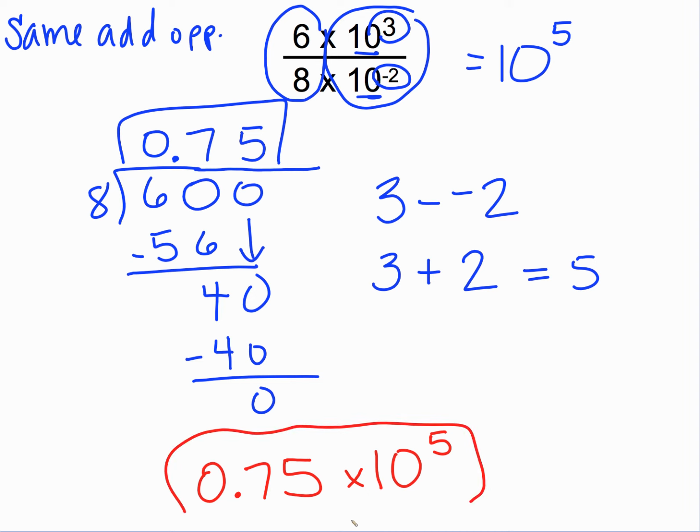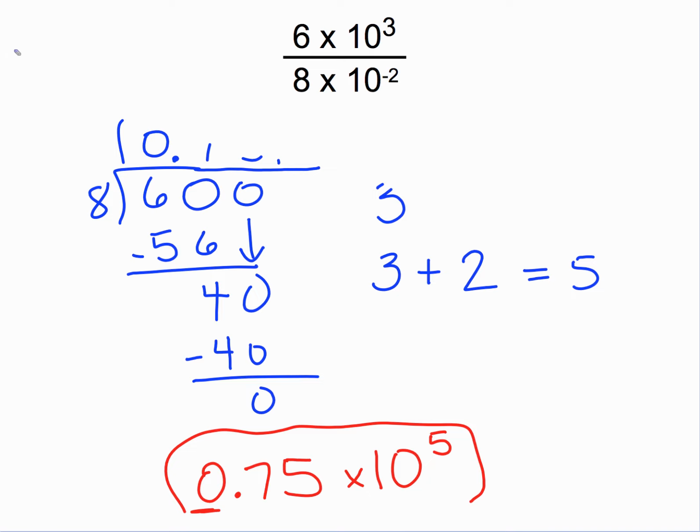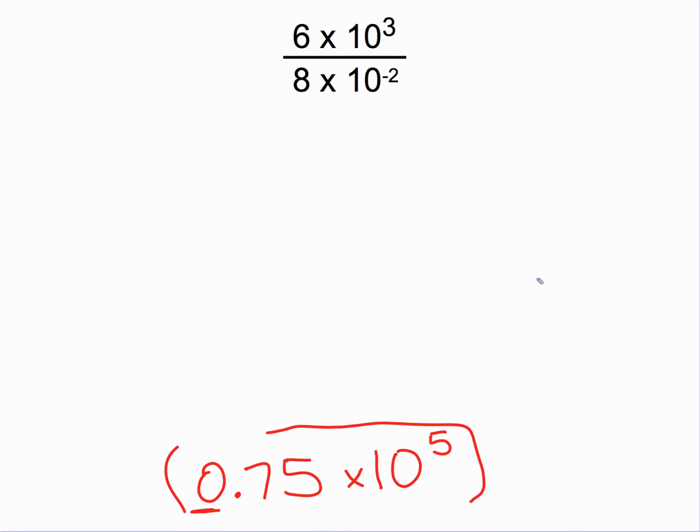However, this number again is not in scientific notation, because the number in front of the decimal has to be from 1 through 9, and currently it's 0. So let's work on changing that. Again, if you're having trouble changing this to scientific notation, let's change it to standard and then convert it back into scientific.